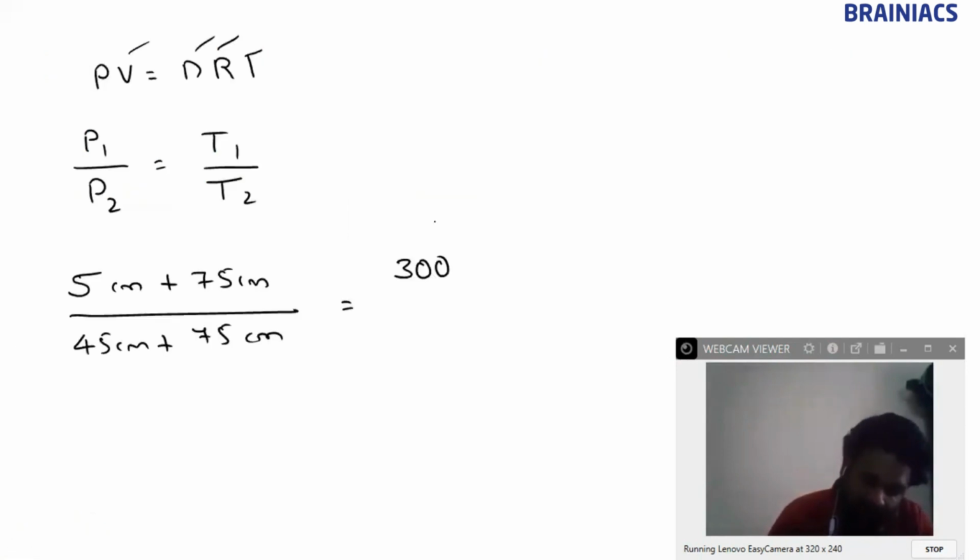27 plus 273, I'm getting 300, divided by T2. I do not know which I need to find out. So T2 is equal to what? 80 centimeter by this is going to be 120 centimeter.